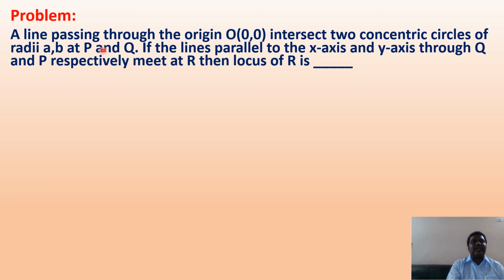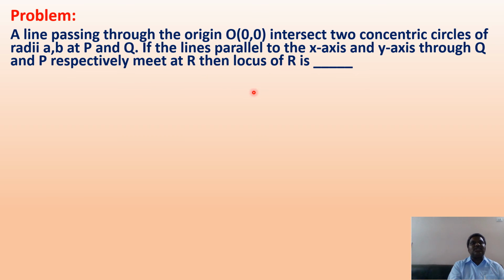That line passes through the origin and intersects two concentric circles of radii a and b at P and Q respectively. If the lines parallel to the x-axis and y-axis through Q and P respectively meet at R, then the locus of R is what?